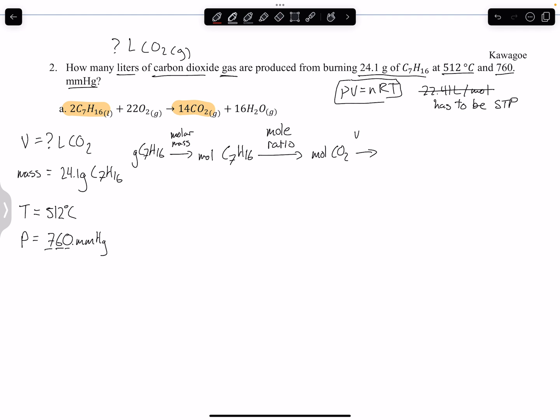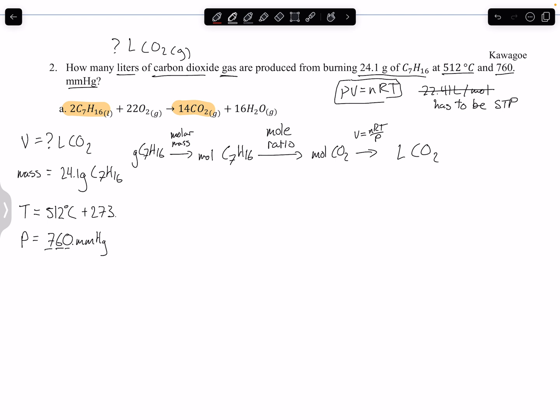Maybe we can rearrange this already. V equals nRT over P. And that will calculate the volume in liters of CO2. Some other work we've got to do is that 512 degrees C is no good for this equation.